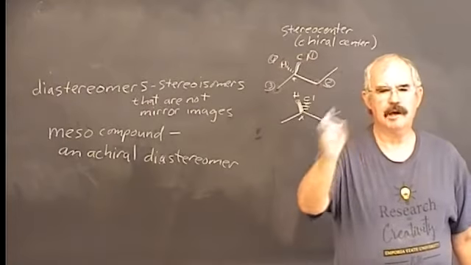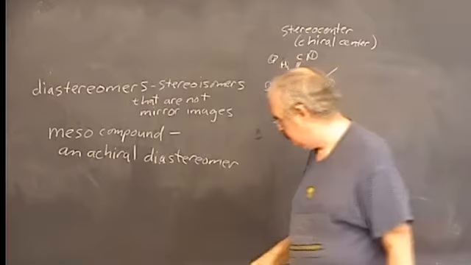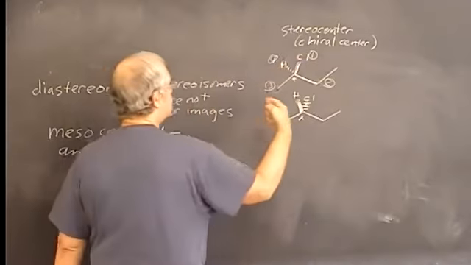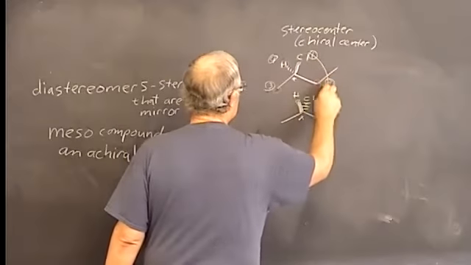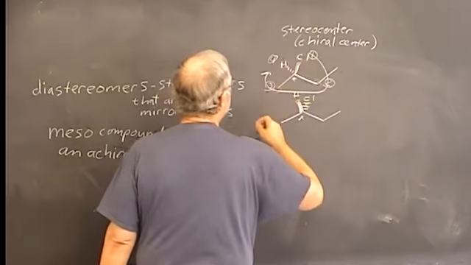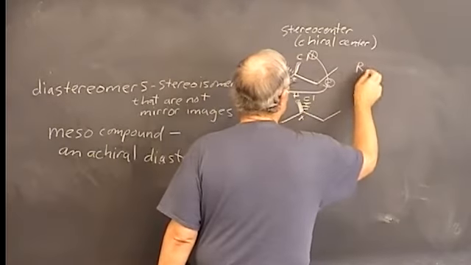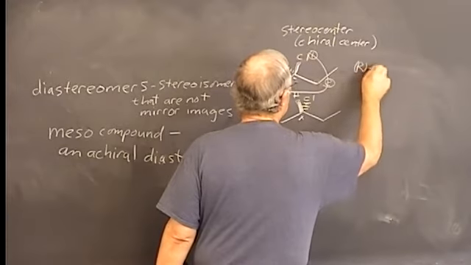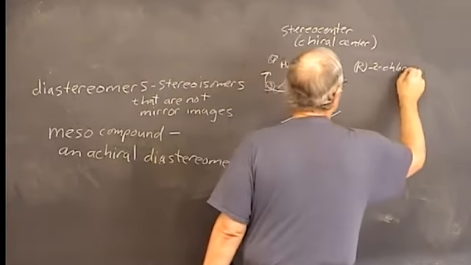This looks clockwise to me, but if you're facing me, it looks counterclockwise. Okay, so hydrogen is back, and the other 3 groups are in a clockwise pattern, or to the right, and so this is called the R. So this would be R 2-chlorobutane.